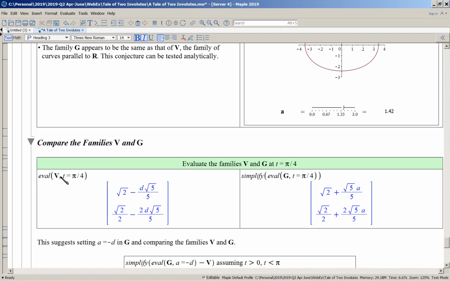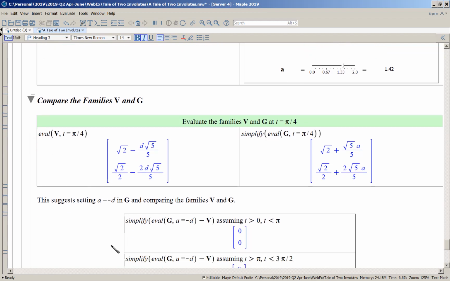Well, I looked at the first family, the one described by V, at one point. And then I looked at the other family, G, at the same point. And I looked at these two expressions and I said, you know what? If A and D were simply related by setting A equal minus D or vice versa, what would happen?